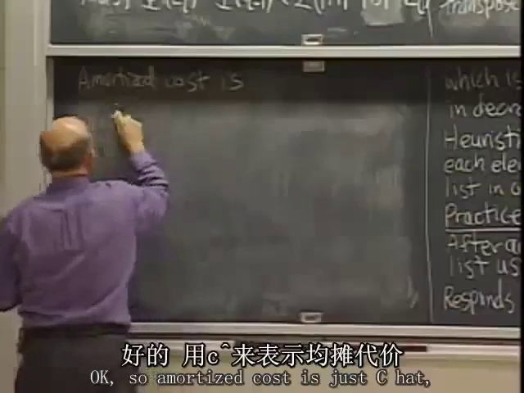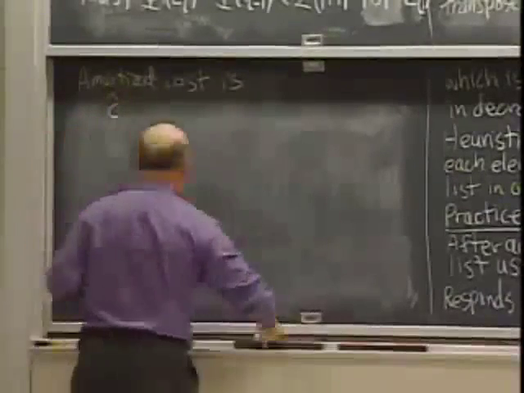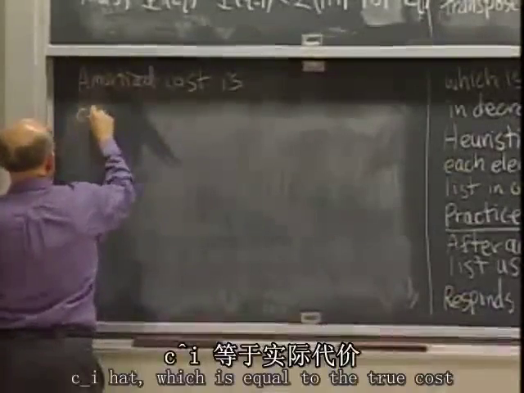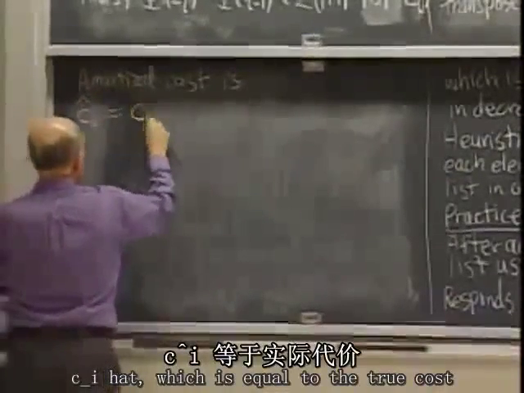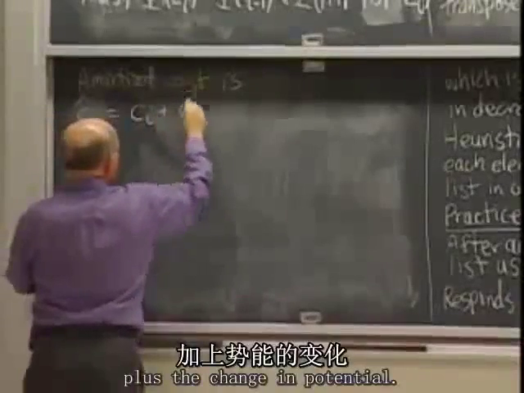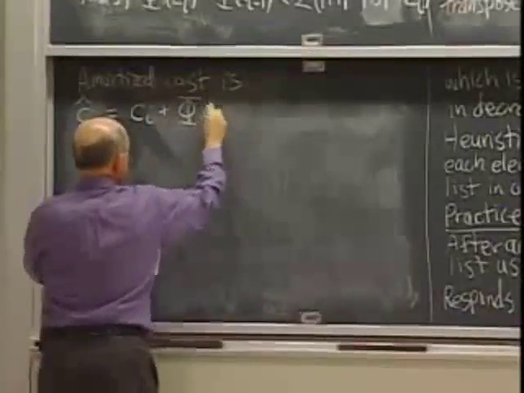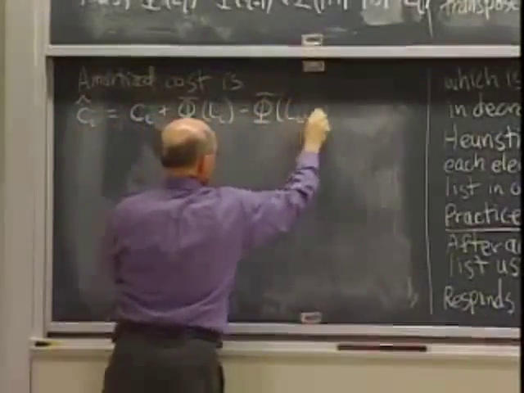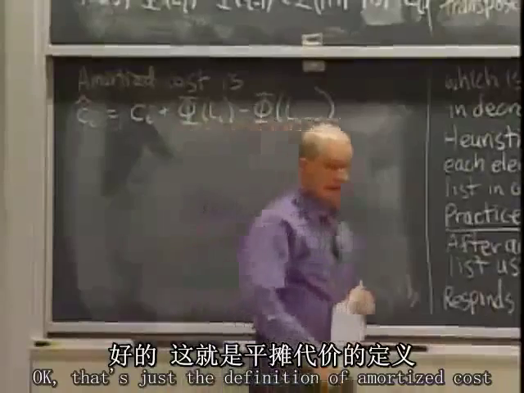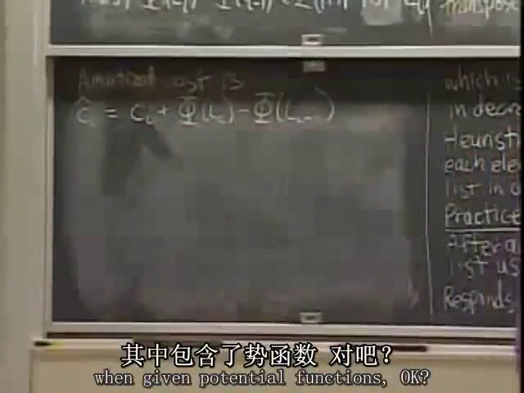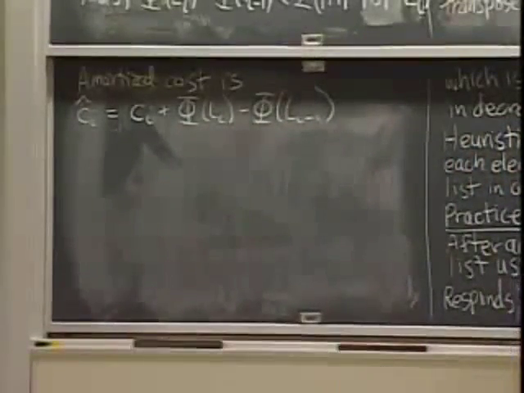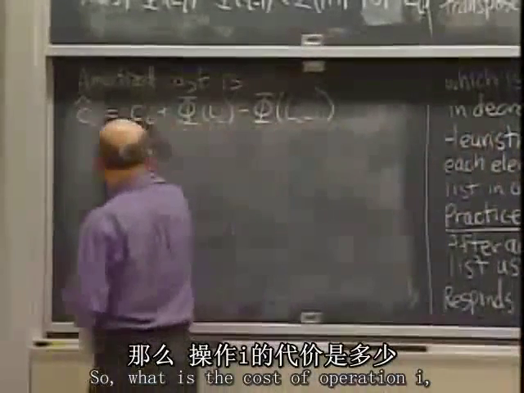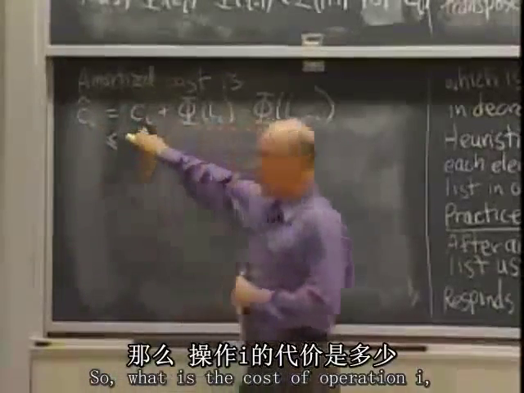So the amortized cost is just C sub i hat, which is equal to the true cost plus the change in potential. That's just the definition of amortized cost when given potential functions. So what is the cost of operation i?